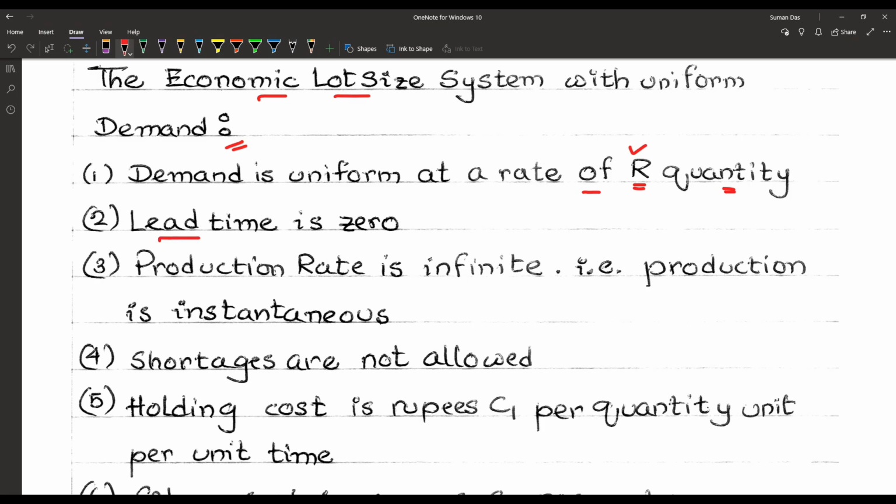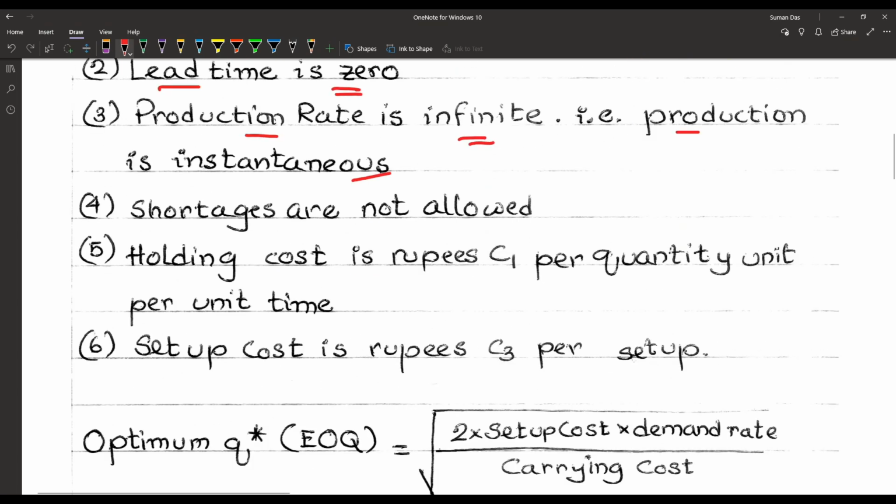Here the lead time is 0. The production rate is infinite, that is, the production is instantaneous. Shortages are not allowed.